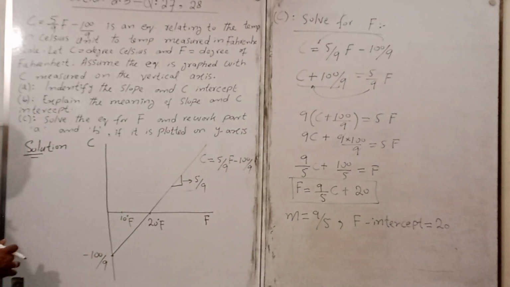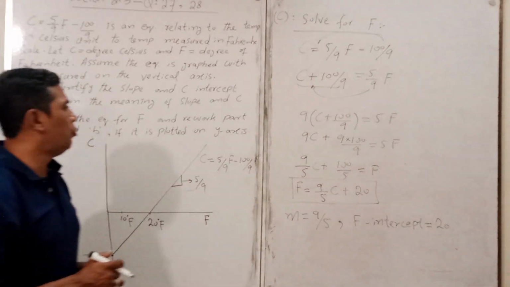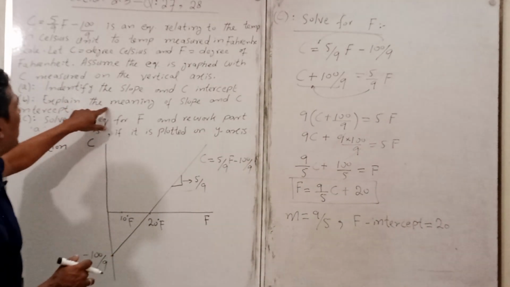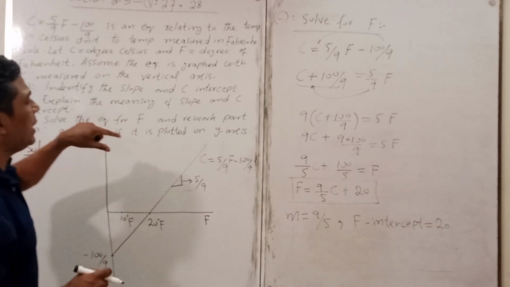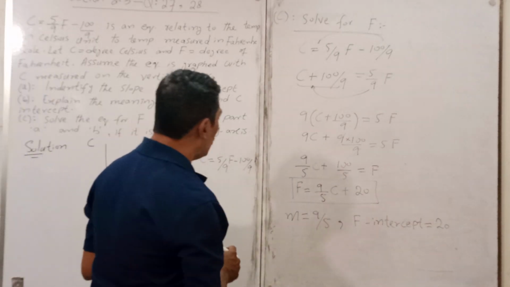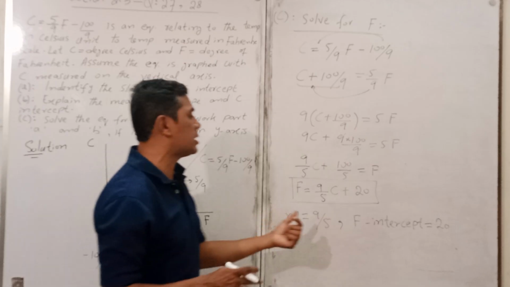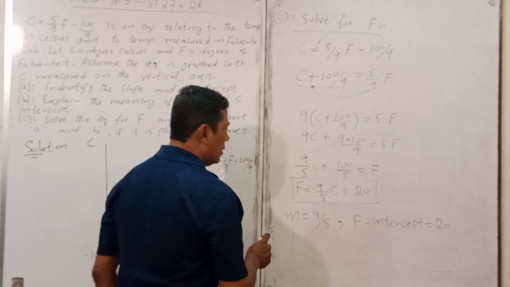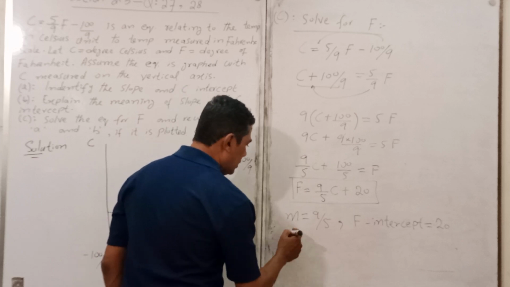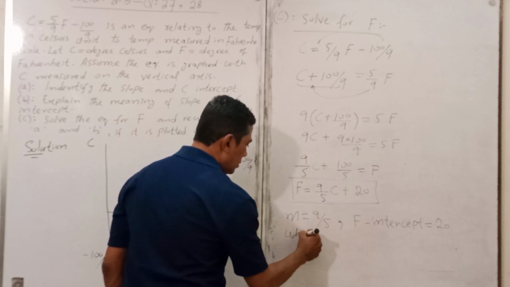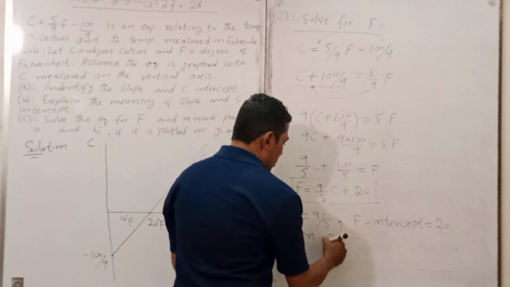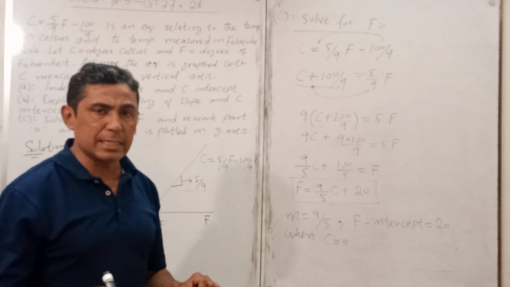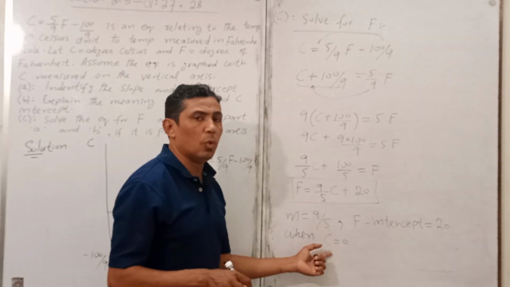Okay, what do you have to find? The value of what? Explain the meaning of the slope, C and F, and the C intercept. So now you have to explain the F intercept. What does it mean? The F intercept is when C equal to 0, that is, the temperature in the Celsius scale is 0.